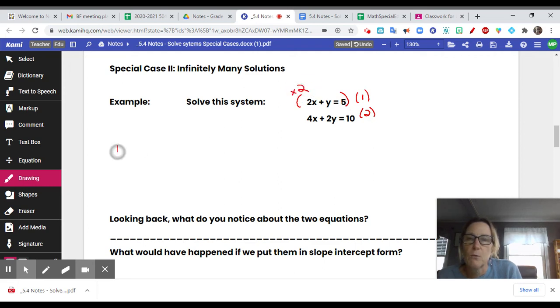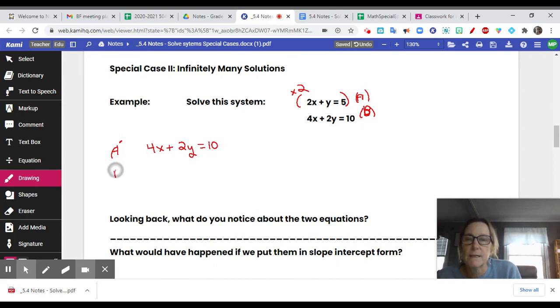So I call it 1 prime, my 1 prime equation. Actually, you know what? I'm going to switch to letters, A and B. All right, so A prime is going to be 4x plus 2y equals 10.